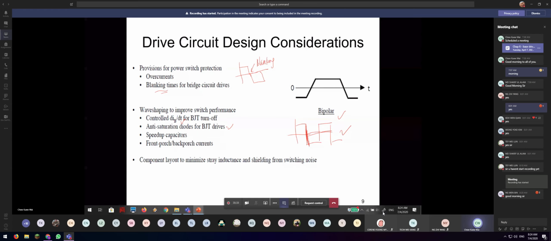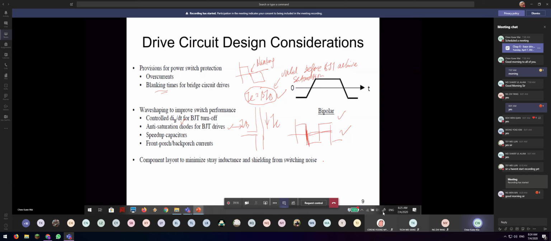If too saturated, it is quite hard to remove the charge inside. Saturated means like this: for example, this is IC, this is IB. You know that IC equals beta times IB. This formula is only valid before the BJT achieves saturation.